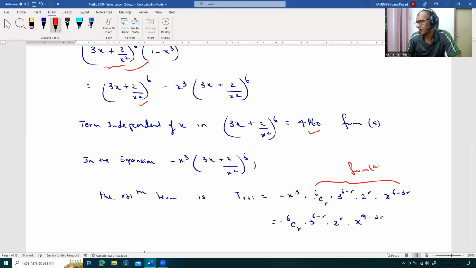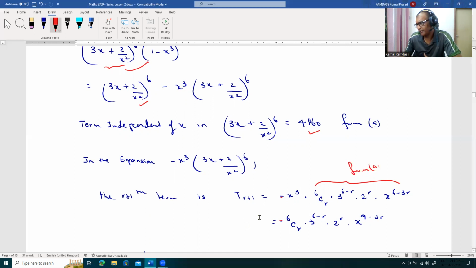From A. Et maintenant, minus 6CR times 3 to the power of 6 minus r times 2 to the power of r times x to the power of 3 plus 6, 9 minus 3r.